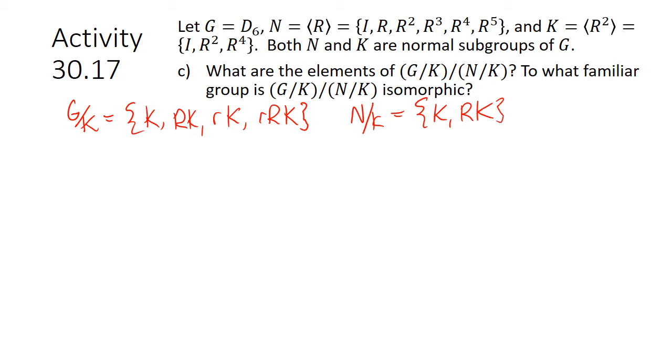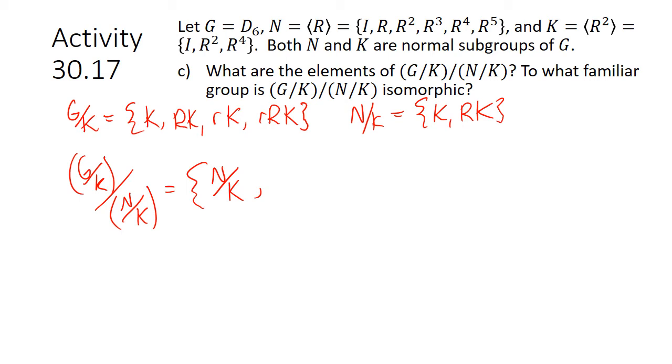So if I'm going to do the cosets of N mod K within G mod K, it's a little bit weird, but N mod K has 2 elements and G mod K has 4 elements, so I'm going to need 2 cosets. So G mod K mod N mod K is going to consist of N mod K as one of them. So the thing on the bottom is always 1.